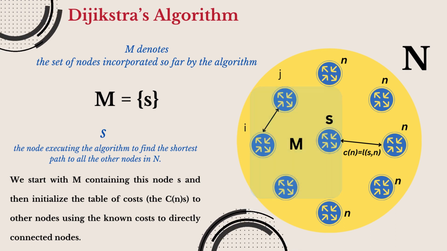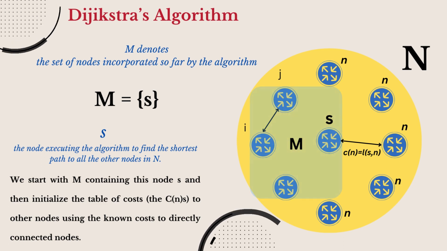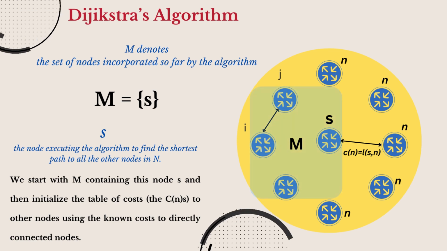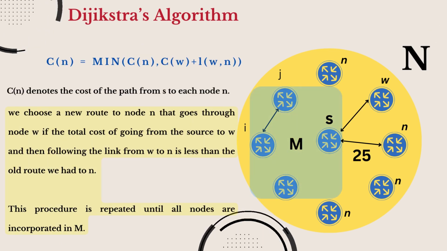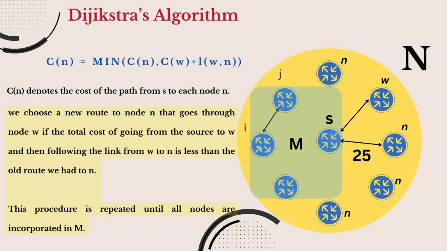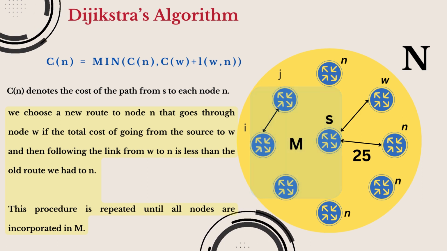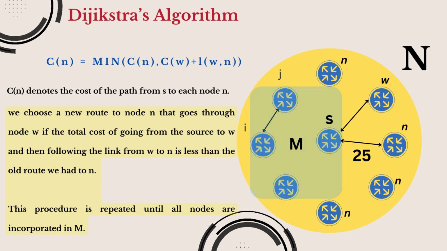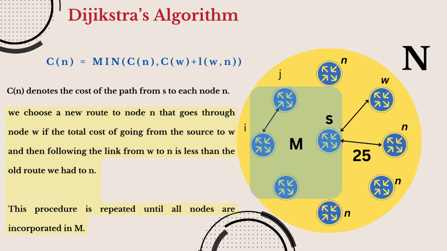The set M denotes the set of nodes. So in the picture you can see that capital M denotes the set of nodes incorporated so far by this algorithm, and C of n denotes the cost of the path from node S to each node N in the network. So basically the algorithm works as follows. It starts with M containing this node S and then initializes the table of cost to all other nodes using the known cost to directly connected nodes.